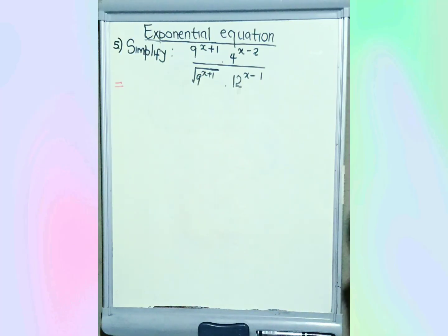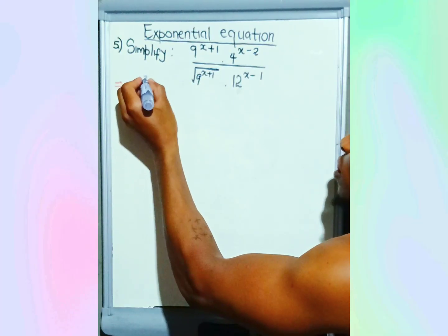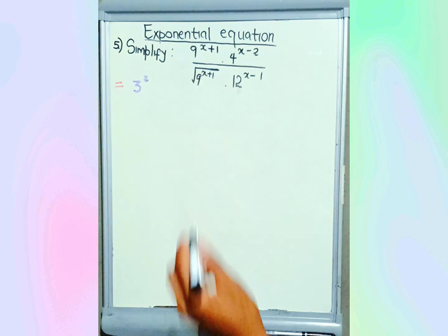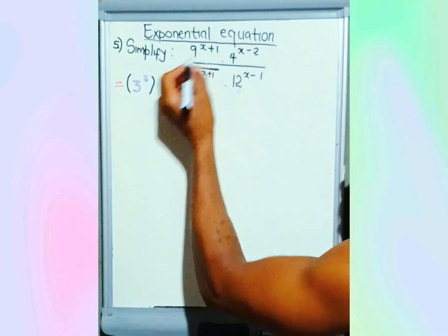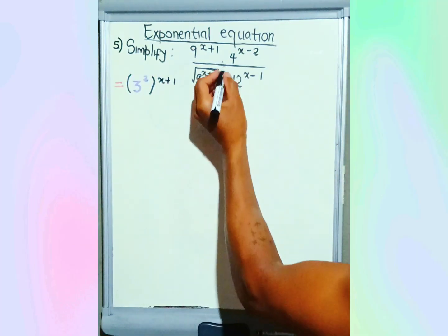Then we have 3 raised to 2 for the 9, and after that you put the exponent of the 9, which is x plus 1. Do you see that? Then times.